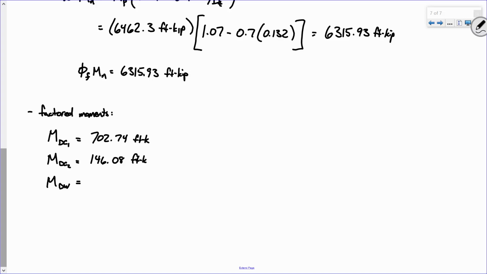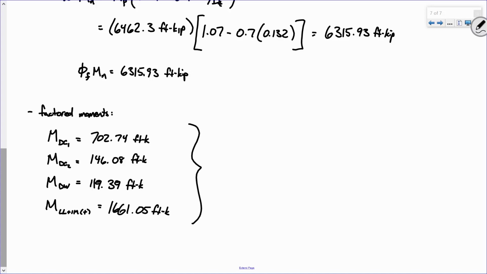MDW is 119.39. And then our live load moment, using the positive value, is 1661.05. All right.